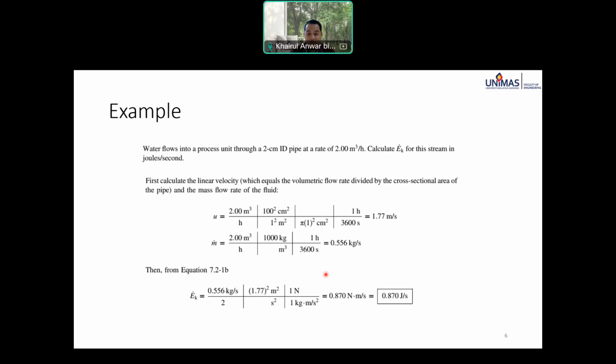Notice the unit changes there. First, calculate the linear velocity, or u. To calculate it, we just need to divide the volumetric flow rate, 2 meter cube per hour, by the cross-sectional area of the pipe, which is pi r square, in meter square.